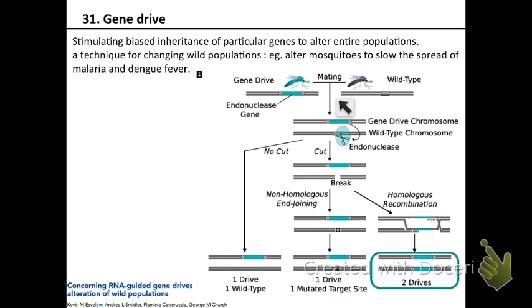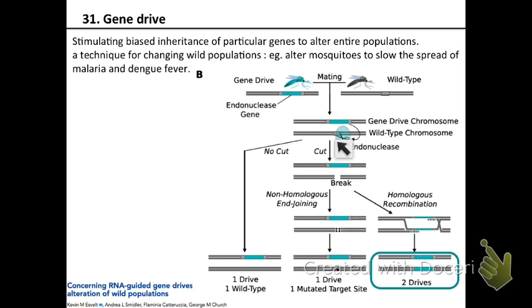So when it mates with a wild-type fly, what happens in the progeny of this mating, the heterozygous progeny, in meiosis, the gene-drive chromosome can cut the wild-type chromosome, right? So you make sure that your endonuclease is targeting the site where you inserted your gene-drive allele of the endonuclease.